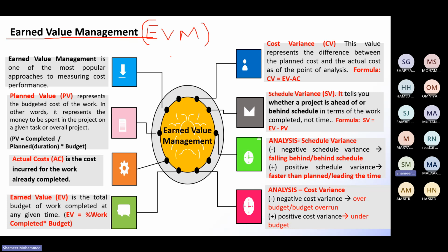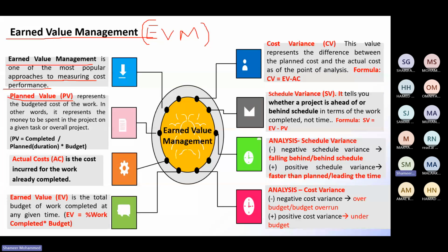I will give you some questions and problems, but you need to understand these names here: what are the definitions we used here and what are the formulas we use here? Planned value. Before that, see earned value management. It is one of the most popular techniques to measure cost performance, that means how your project is performing in terms of cost.